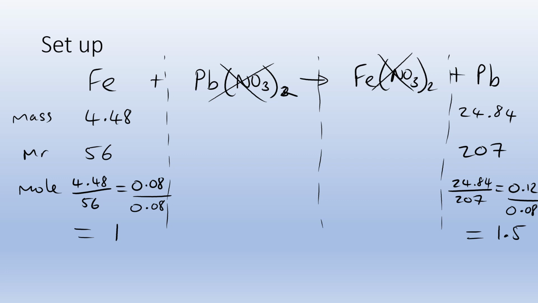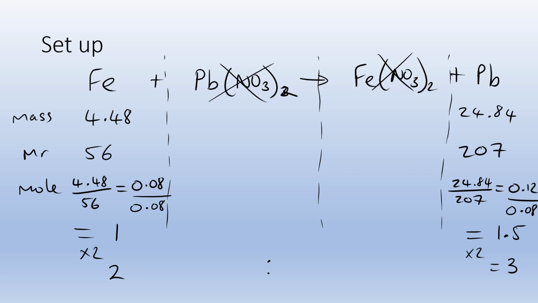Now, when we're doing balancing equations, we don't use 1.5s, so I'm going to have to do a little adjustment here. So the easiest way to do that adjustment is to times this by 2 to turn it into 3. So now it's a whole number. Okay. If I do it on one side though, I have to do it to the other side. So I'm going to times this side by 2 as well. So now I've got a 2 to 3 ratio.